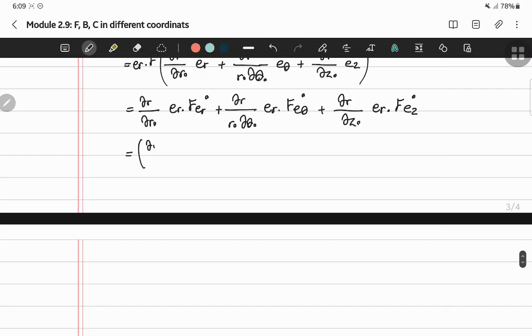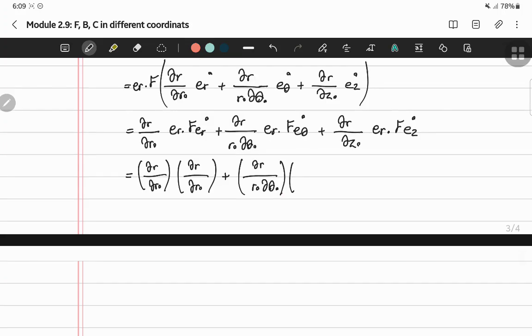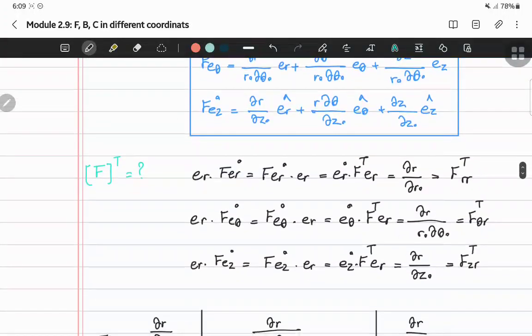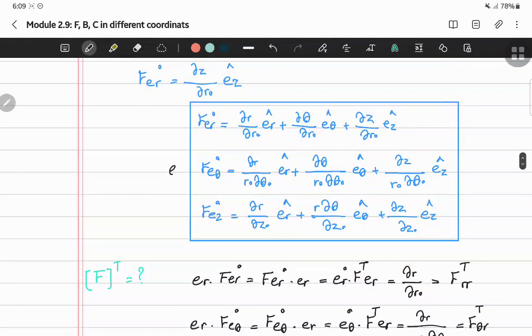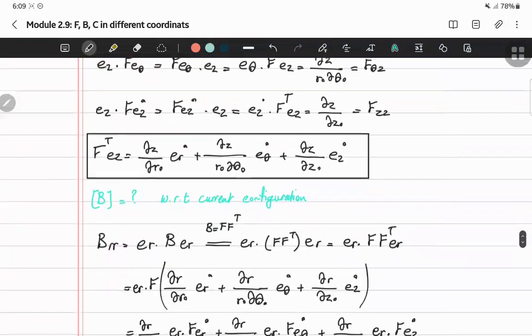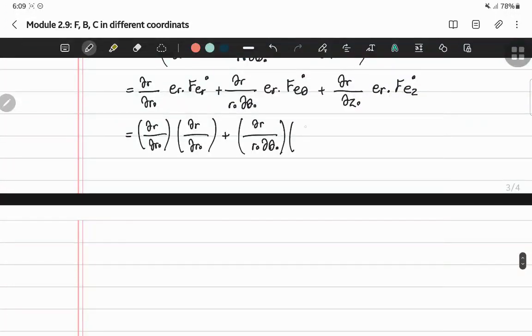So I have this in here, but this becomes the same. Then I have partial derivative of R with respect to theta 0. Then E R dot F E theta 0. F E theta 0 is here. E R dot this gives me this, which is partial derivative of R with respect to theta 0.